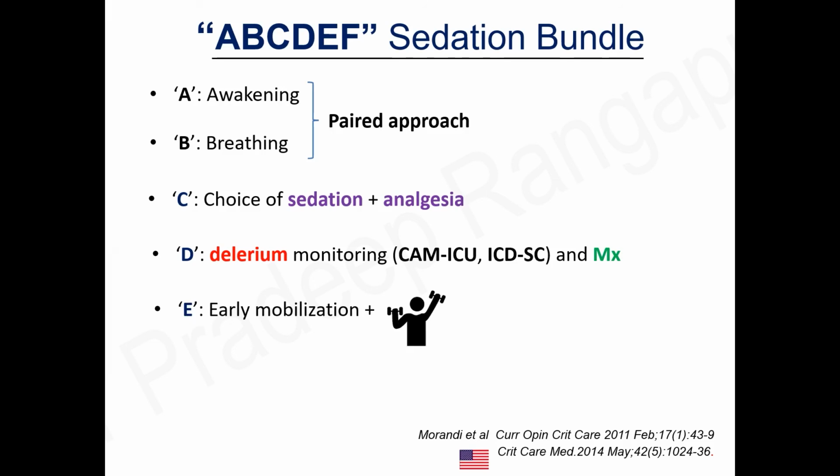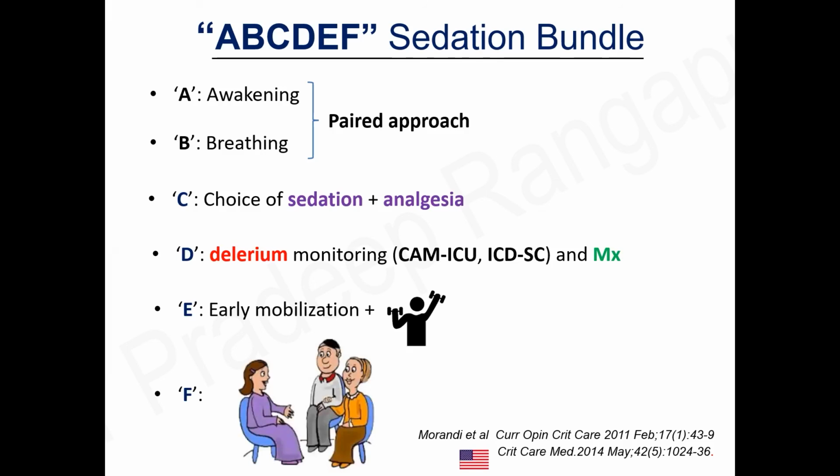And E is early mobilization. This is something which we need to emphasize. And F is mainly the counseling and communication with the patient and the family member. So ABCDEF is a reasonably easy acronym to keep in mind as to what are all the things that an intensivist during rounds should bear in mind that need to be implemented in the patient to improve the outcomes.